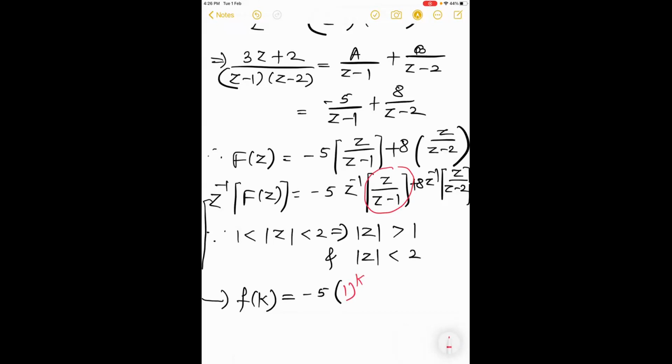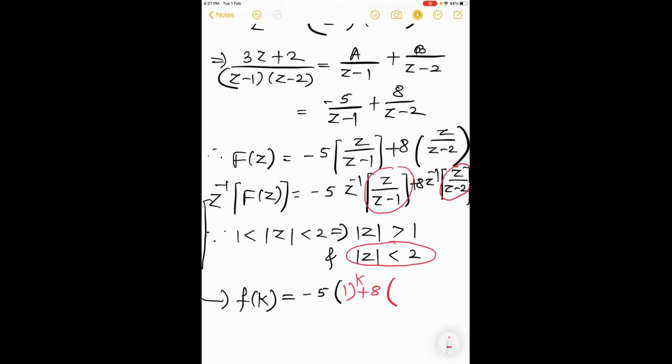And the second term is Z upon Z minus 2, but in that case we have to consider the region of convergence, mod Z less than 2, so the sequence for mod Z less than a you have to see. What is the answer for that? Just refer to the table. What is the answer for Z upon Z minus a where mod Z is less than mod a? Which sequence is it giving?